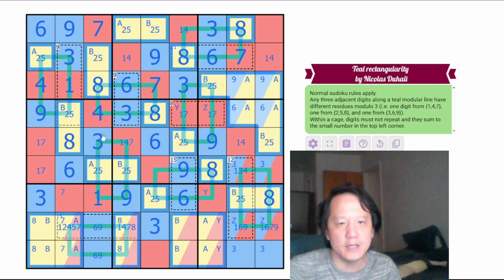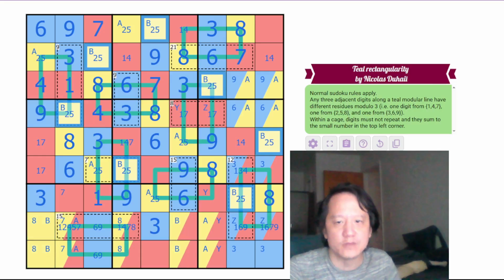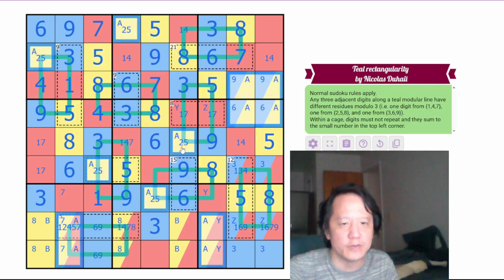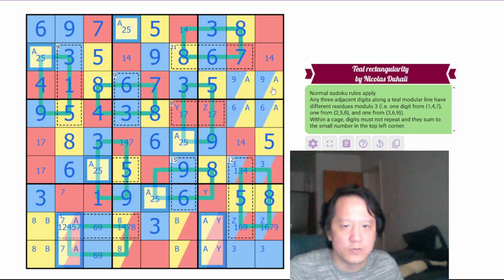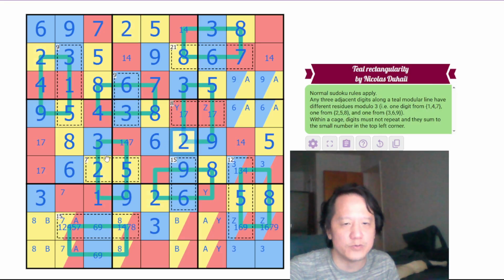So B has to be a 5. So we can remove 5s from all of these. So B's are there. A's then have to be 2s. So where we don't know exactly where the 2 is, we'll remove those. So it's 2 and 5.